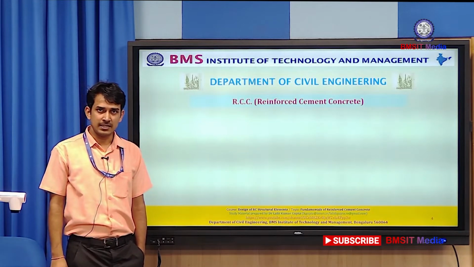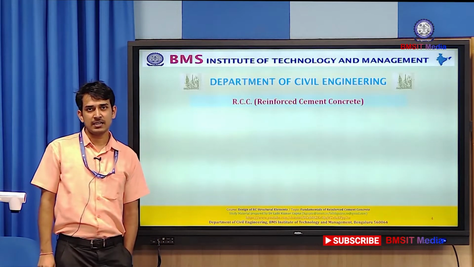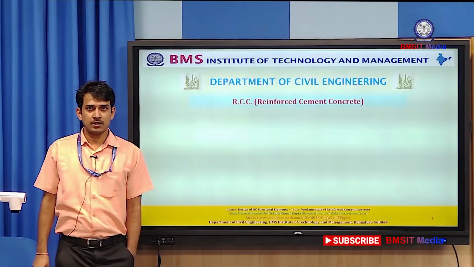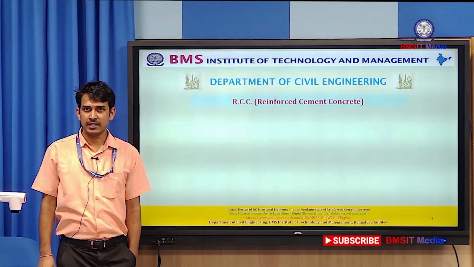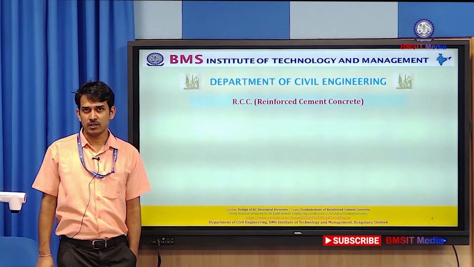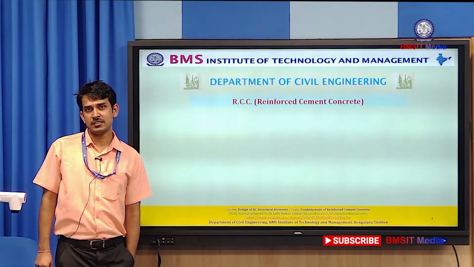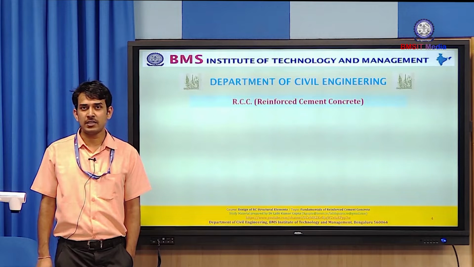Why do we require this RCC? Because we have one product, the concrete, which is very good in compression. Concrete is made of coarse aggregate, fine aggregate, cement and water, but it is only good in compression. A structure has not only compressive stresses, it also has tensile stresses.